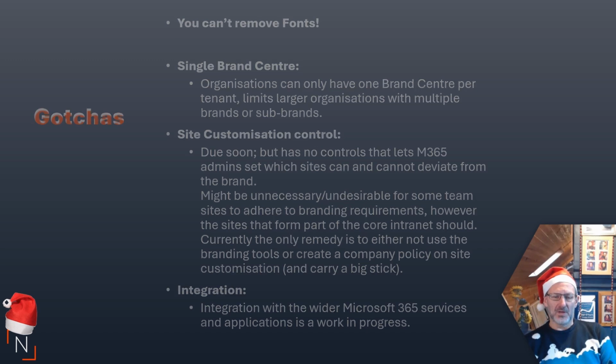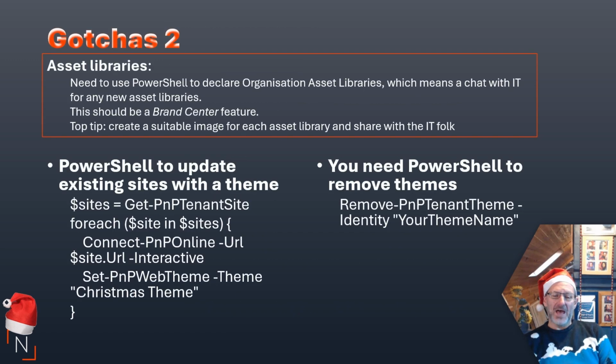The other thing is asset libraries. I've mentioned those several times as a really important way of being able to deploy things like logos and templates and other capabilities that you've created using these asset libraries across the entire part of SharePoint. It's great, but you still need to use PowerShell to do it.